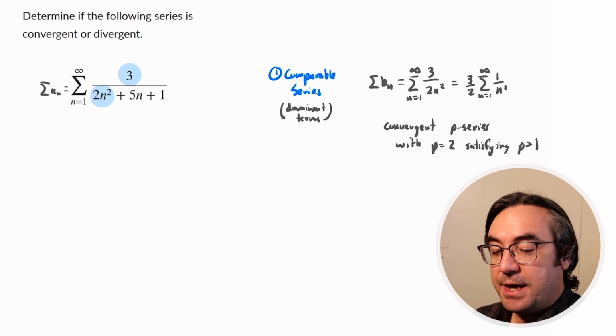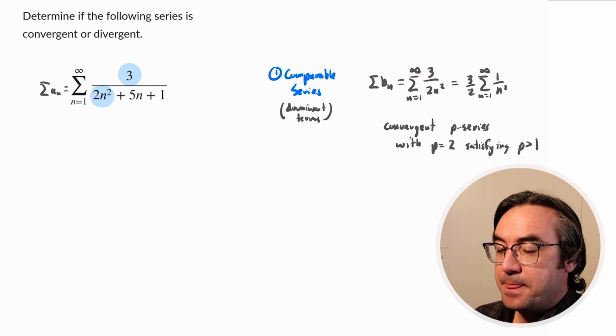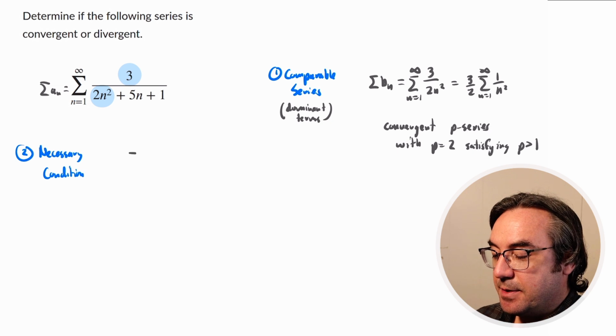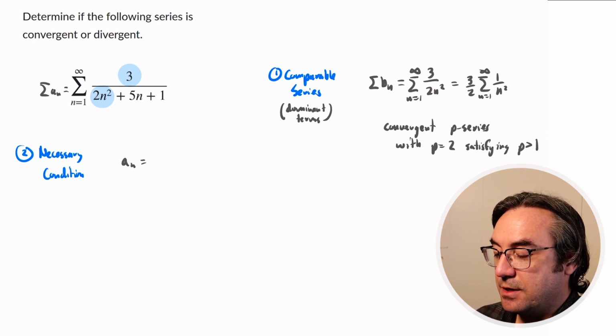All right, so once we have our comparable series all figured out, now we're ready for the necessary condition. In this case, sigma an and sigma bn all have to be positive. Or not sigma an, just the individual terms in our list.